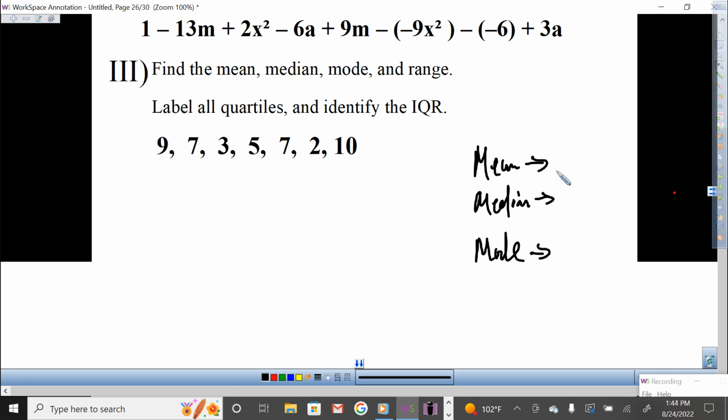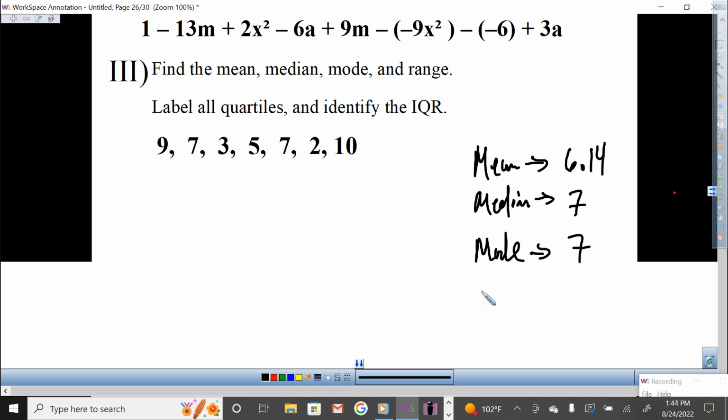What you got, Jet, mean? 6 point what? Hands if you got that. Okay, looks about right. How about median? Zach, what'd you get for the median? 7. Hands if you got that. Looks about right. Mode, Mel. 7. Yep, that's about right.